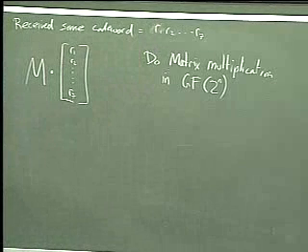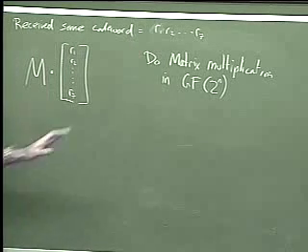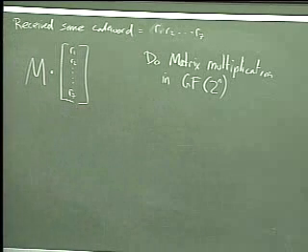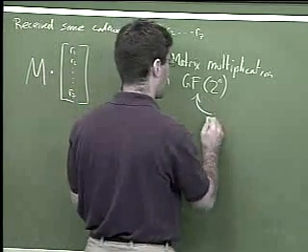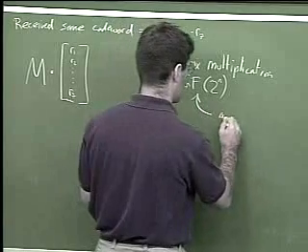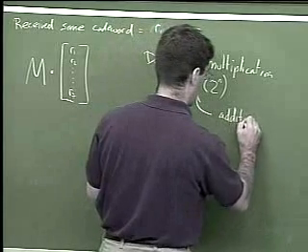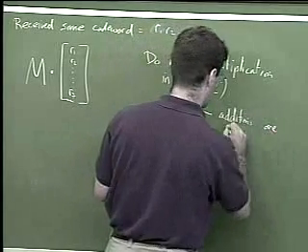Does everybody know how to do matrix multiplication in Galois field 2 to the n? Well, we're really doing this. It's abstract algebra, which we don't need for this class. But all this is basically saying is that additions are XORs.